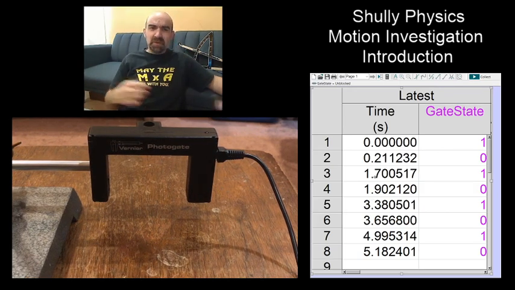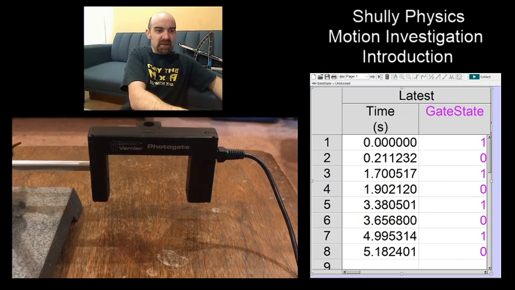Now, you're not actually going to be writing that particular piece of data down, but I just want to show you it's taking about 1.7 or 1.6 seconds in between each of these gates. The data you're going to collect is data point 1, 3, 5, and 7 when we actually run the data. So keep that in mind. It's whenever the gate state is blocked. That is going to be your data.